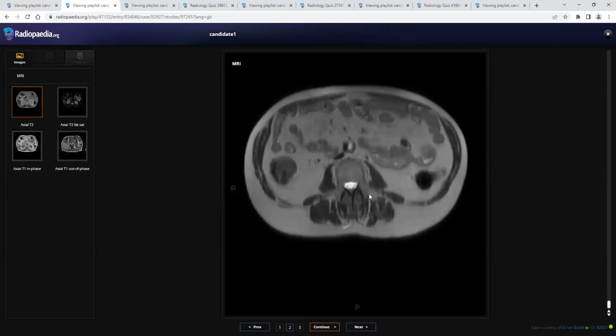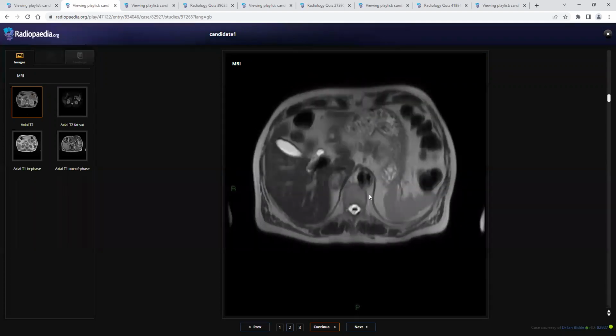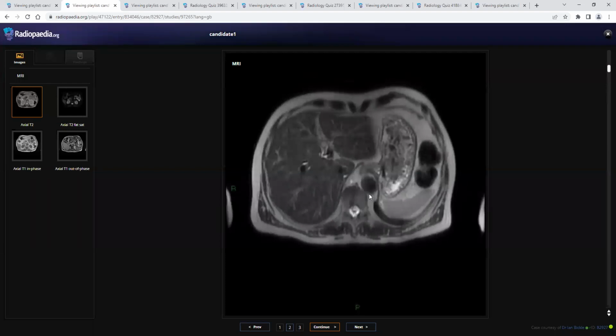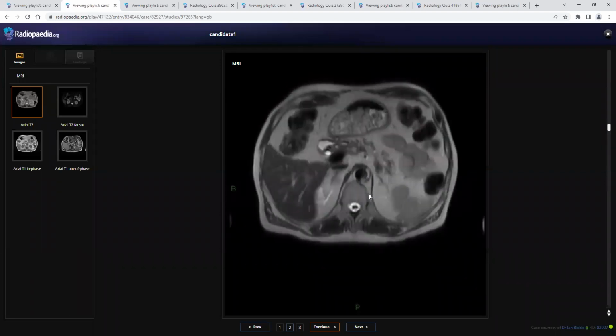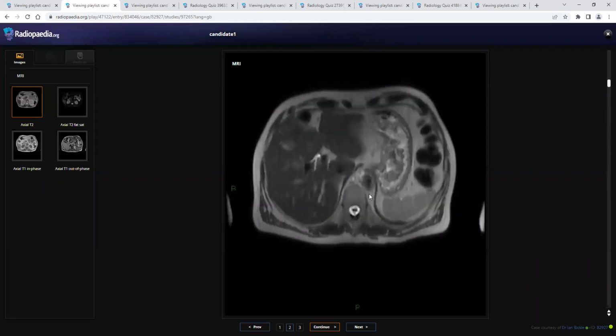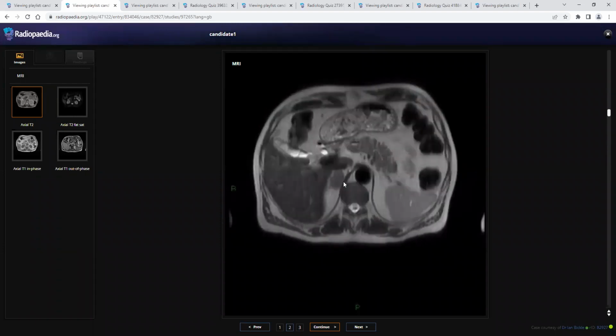Okay. Yeah. So I was provided with axial MRI T2 weighted sequence of a patient with known cancer colon with a right adrenal lesion, which is suspected to be metastatic.